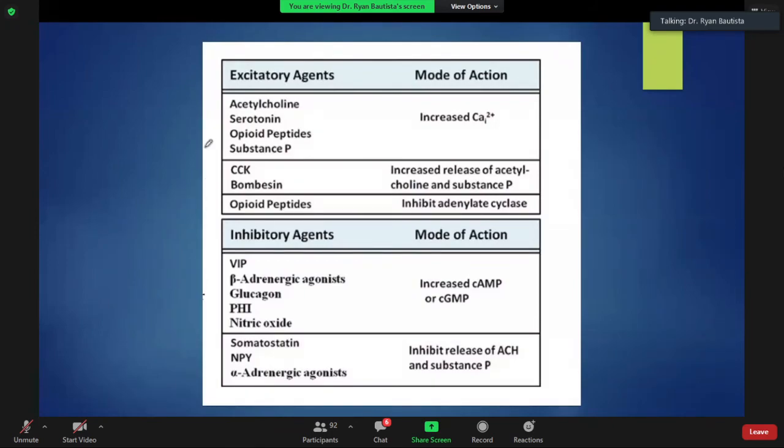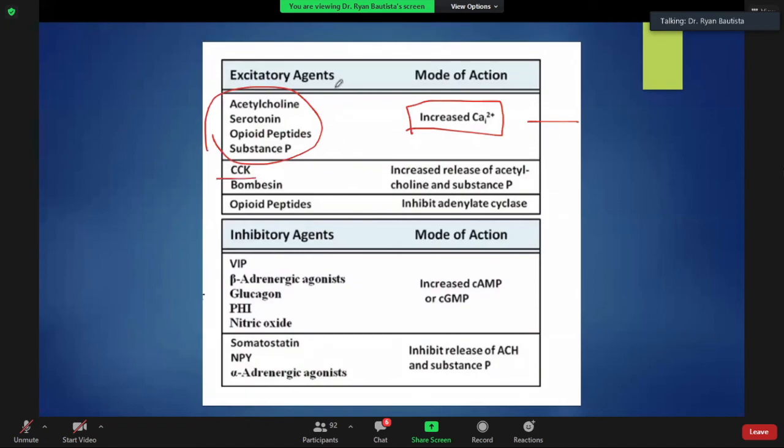I think I asked two questions from this table also. What are the excitatory agents inside your gastrointestinal tract? These excitatory agents or neurotransmitters will increase calcium inside the cell and hence will increase the pumps of your enterocytes.